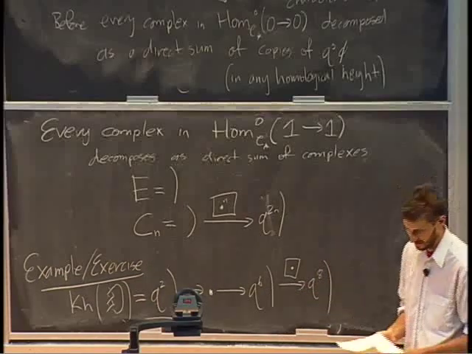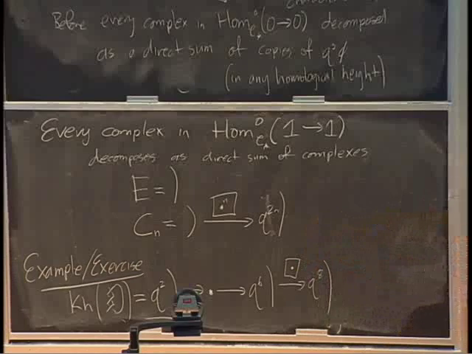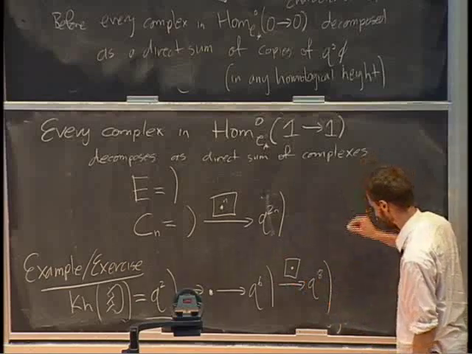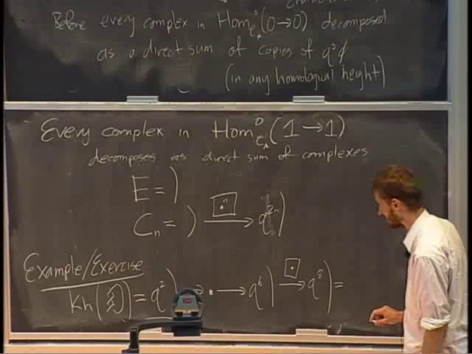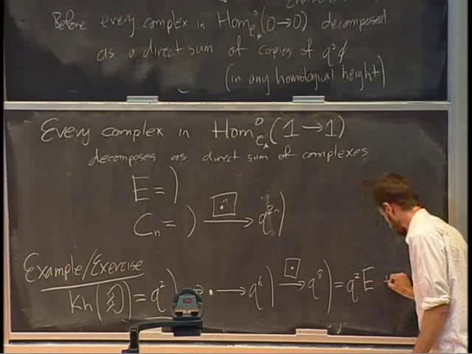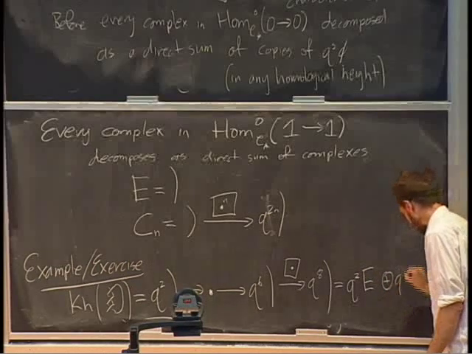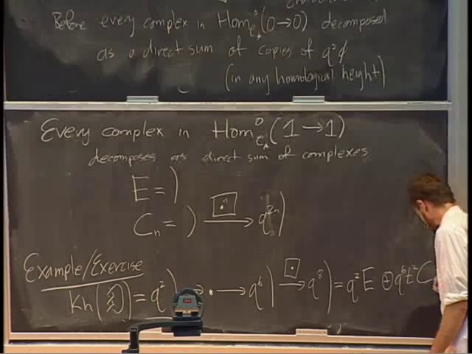If you've already done the exercise that I suggested before of computing the Khovanov homology of the trefoil, you would have got to this answer as an intermediate step in that calculation. And let's just write this a little bit more succinctly. This is Q squared times E, direct sum Q to the 6 times T squared C1.